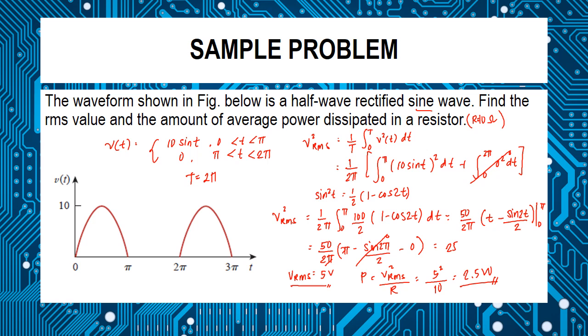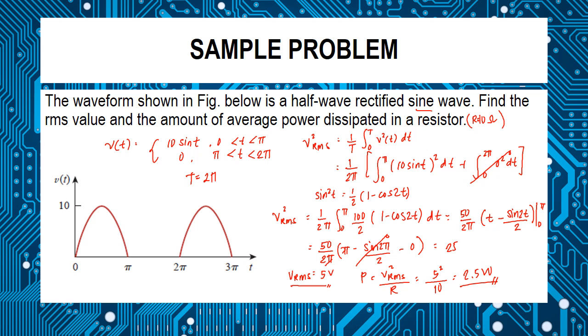Okay, so simplify, we have 50 over 2 pi, so our t minus sine 2t over 2, with limits 0 to pi, so this will be pi minus sine 2 pi over 2 minus 0.